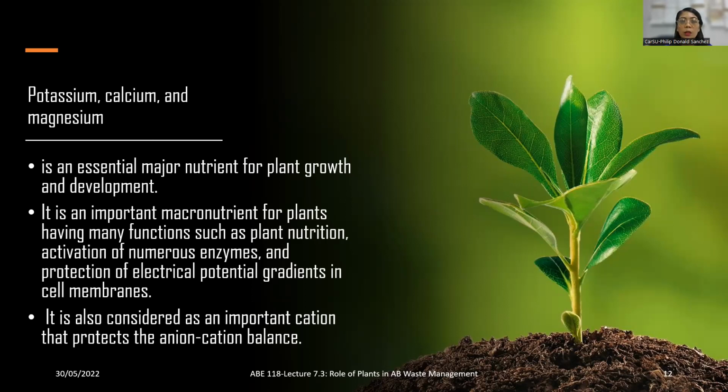So the others are affected if there is too much of one. It is therefore extremely important not to create nutrient imbalances by over-applying one of these elements, because it will affect the uptake of other chemical nutrients.